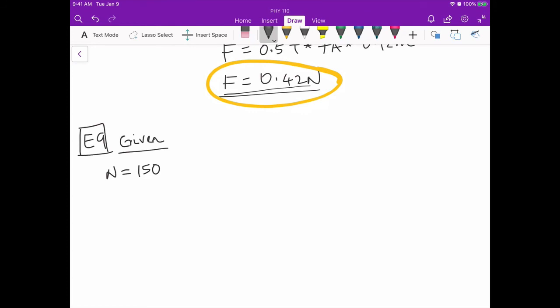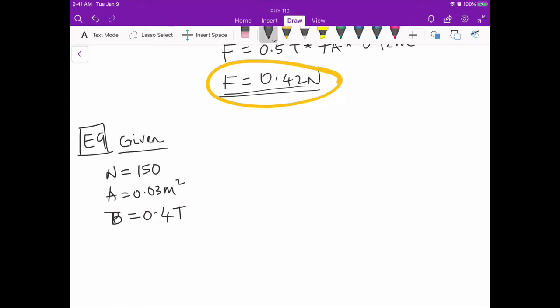It has a cross-sectional area of 0.03 meters squared. The magnetic field B is 0.4 Tesla. Now the question is, what is the total magnetic flux passing through the coil?